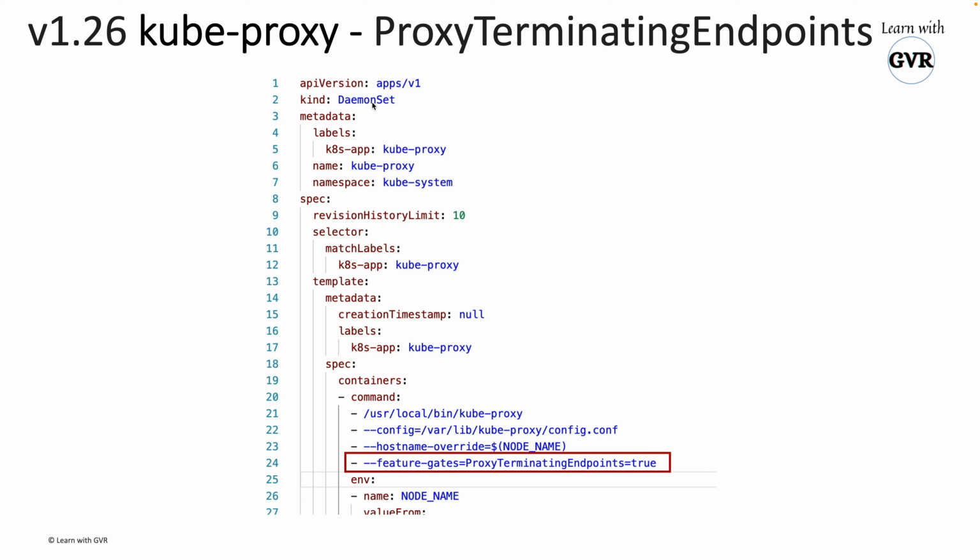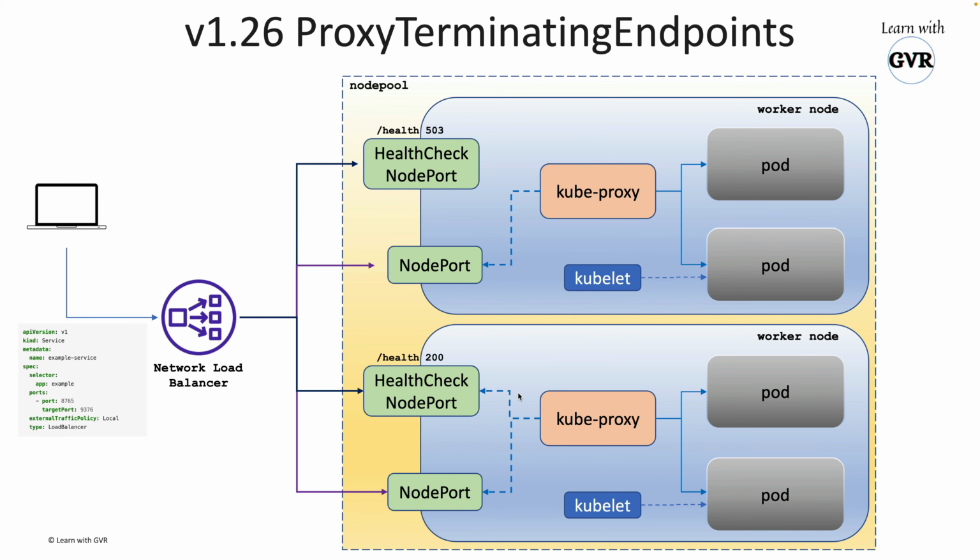And by the way, kube-proxy runs as a DaemonSet, which we know already, right? So when you specify this, what happens? If these particular pods have died, then only your kube-proxy will tell the health check node port that this node is completely not available, and the load balancer will know that this entire worker node is not available, and only this worker node is available.